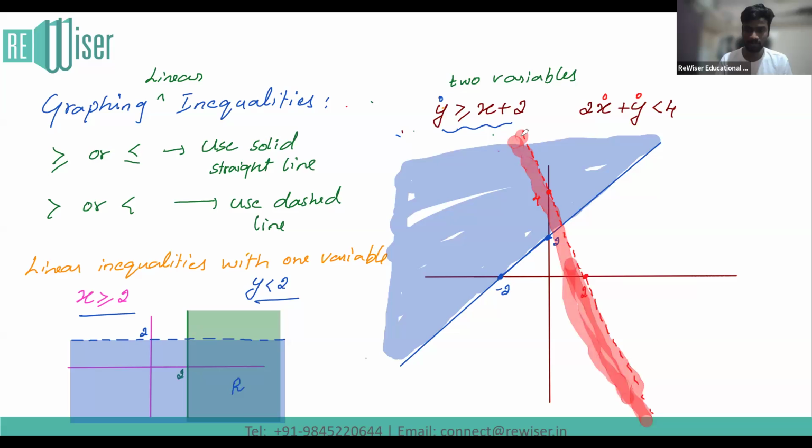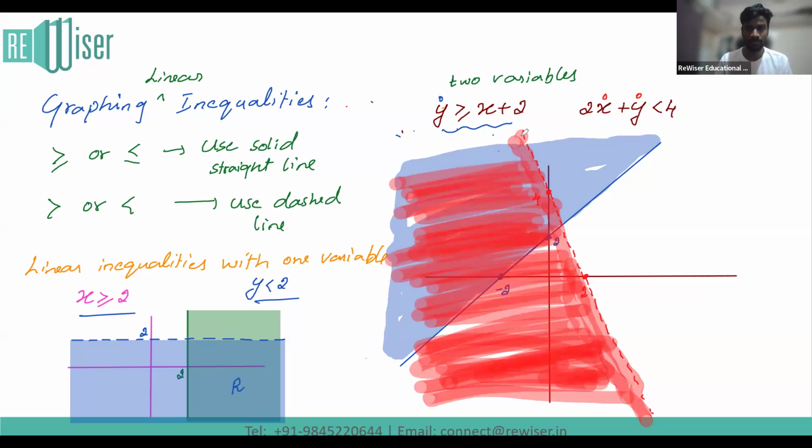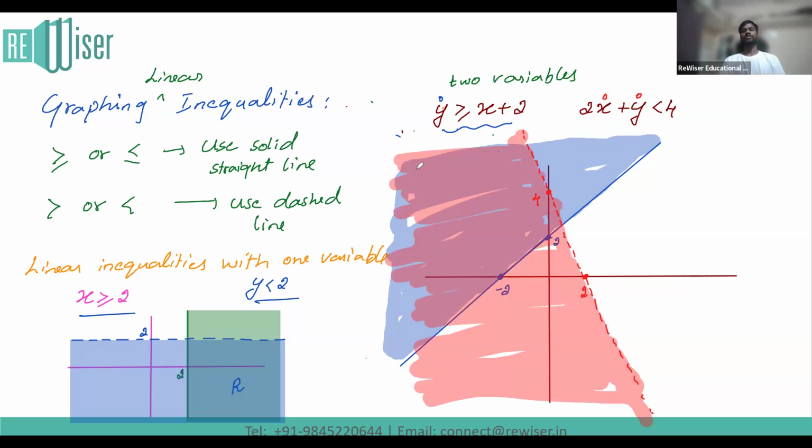This is the region, and this is the solution for the second one. Now, the common region which has been shaded by both is going to be this. And this is how we graph linear inequalities.